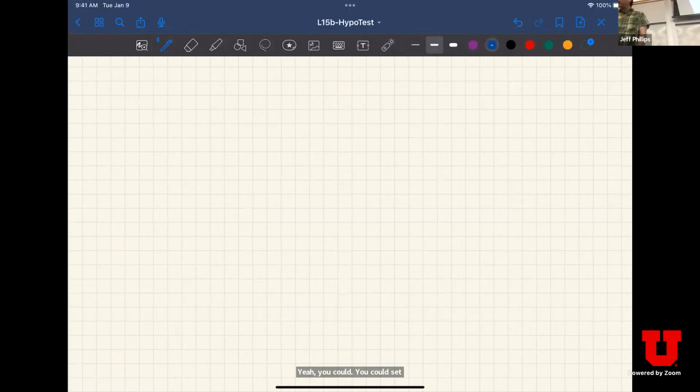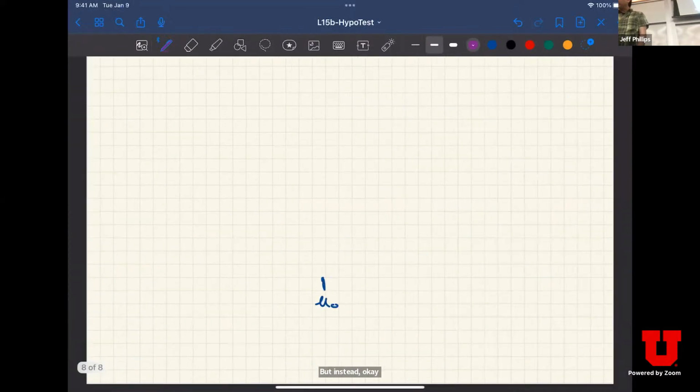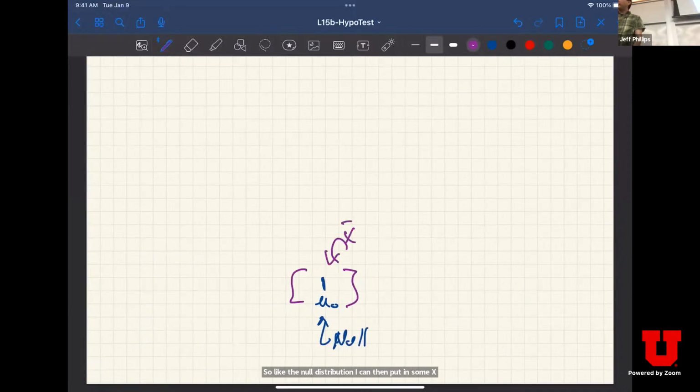So this is my null distribution, and I can then put in some x bar n from my random sample, with lower and upper endpoints Ln and Rn, right?